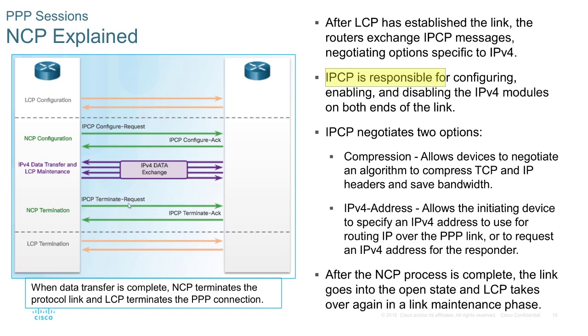Then when the network communication usage is completed, we can do an NCP termination, and when NCP termination is completed, we will go into the LCP termination. So after LCP configuration, we will go into NCP configuration, and after NCP termination, we will go to LCP termination.